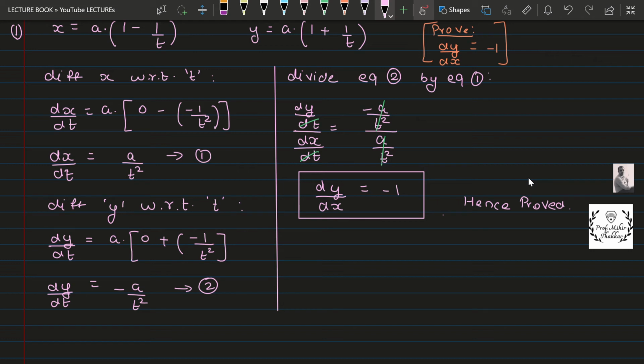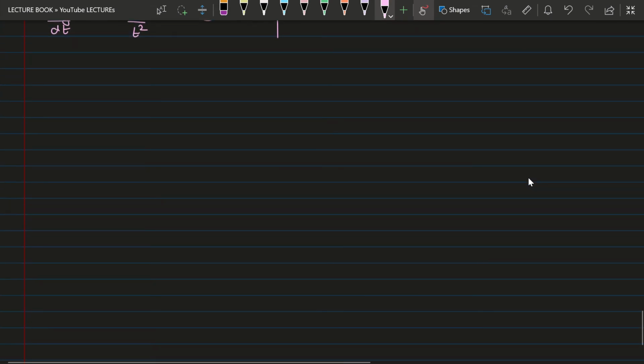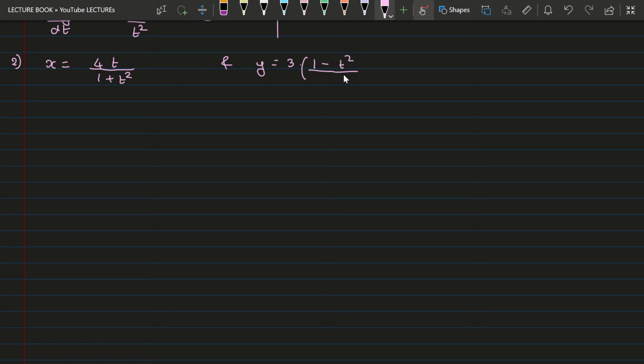Now let us see question number 2. It says that x is equal to 4t upon 1 plus t square and y is equal to 3 bracket 1 minus t square upon 1 plus t square.